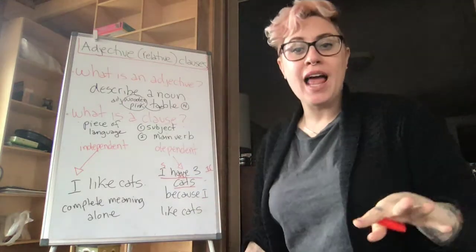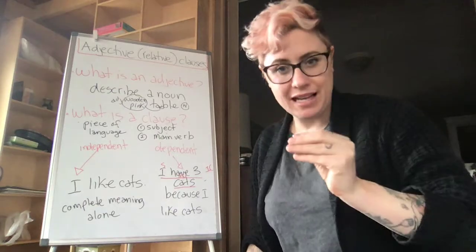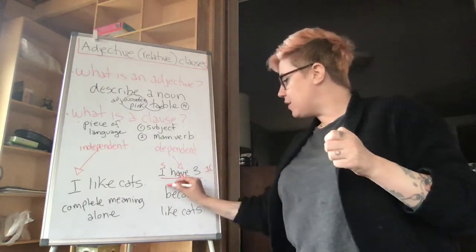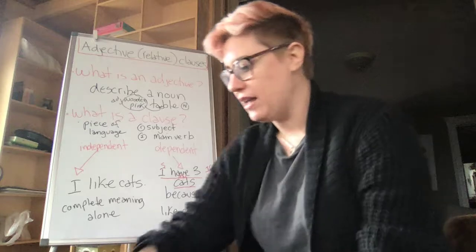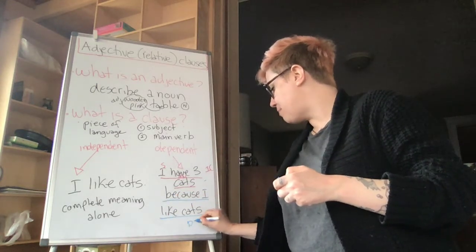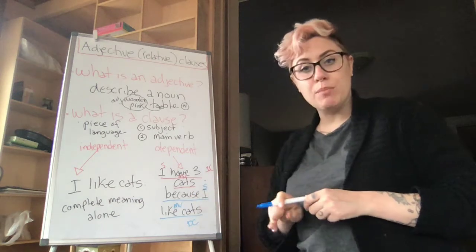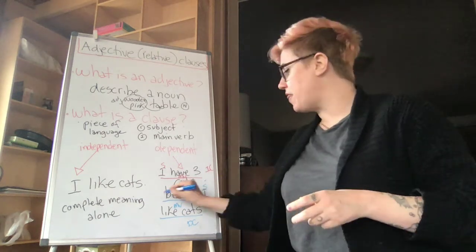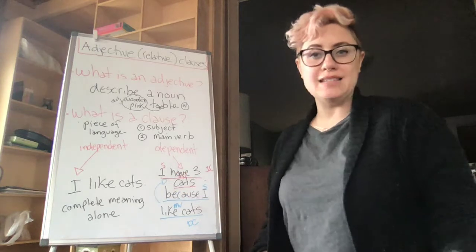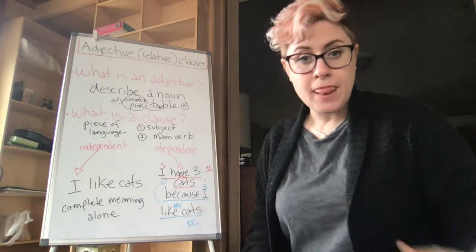If I say to you, hey everybody, I have 3 cats, that has complete meaning. But it is together with this. And this is a dependent clause. It still has a subject and a main verb, but it cannot live without the independent clause. It needs an independent clause to have meaning.